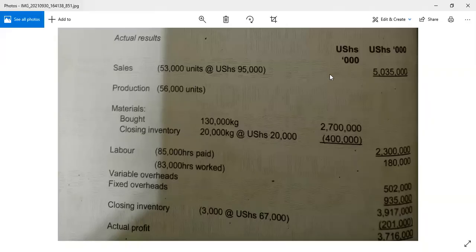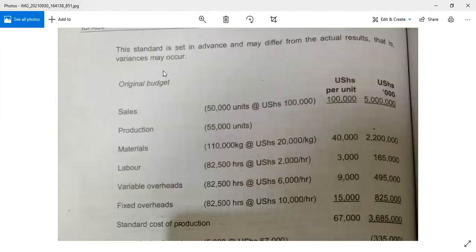What it was is 5,035,000. But what it should have been would be the 53,000 multiplied by this standard value of 100,000.